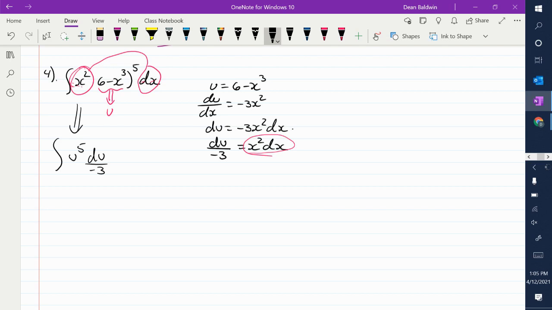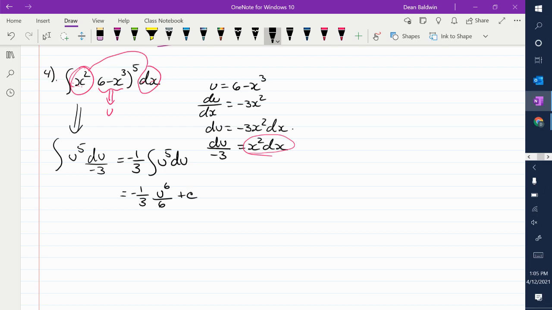So now I've got this integral. What can I pull out of the integral? Negative 1 over 3 gets pulled out. Now it's the integral of u to the 5th. What's that? It's u to the 6 over 6 plus c.